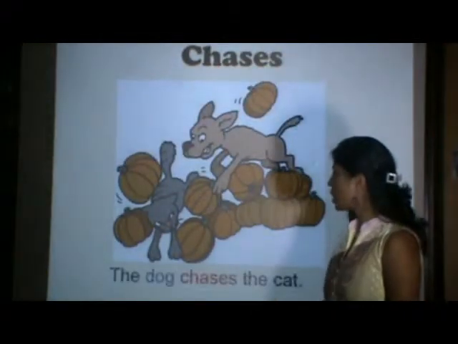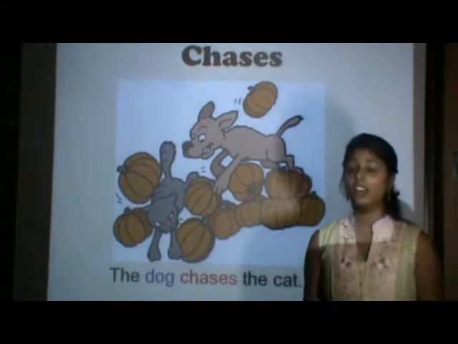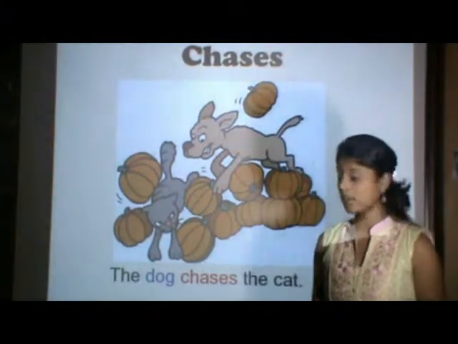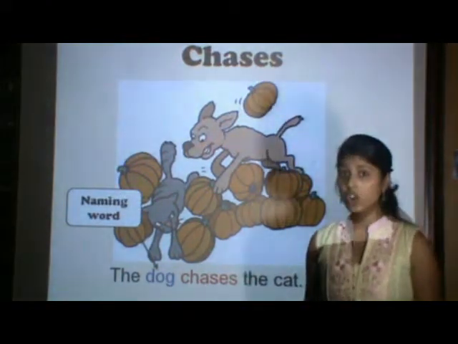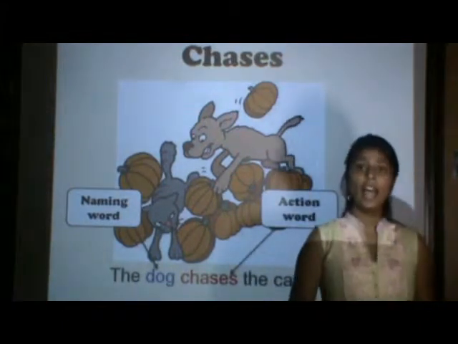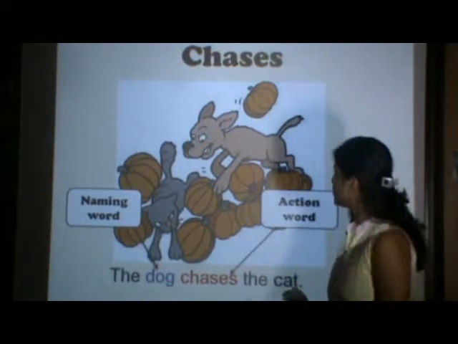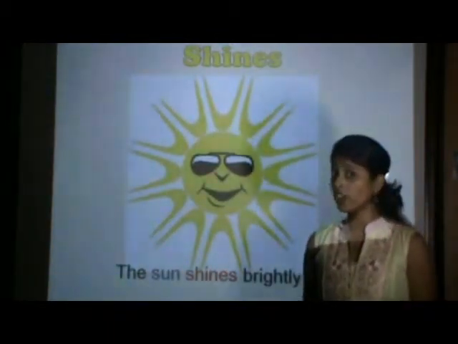Chases. The dog chases the cat. Here, the dog is the naming word. What does the dog do? Chases. Becomes your action word. The sun shines brightly. Yes, you got it right already.